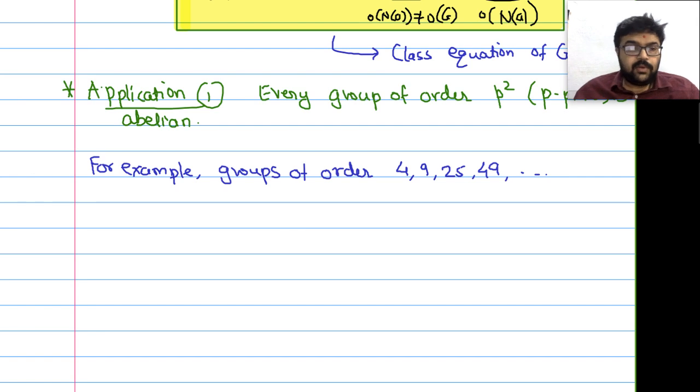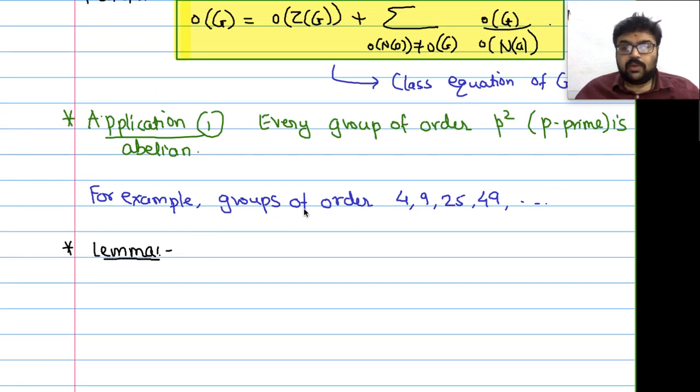Okay, so before we prove this, we prove a result about the center. To prove a group is abelian, let us see that later. Let us first see this result.